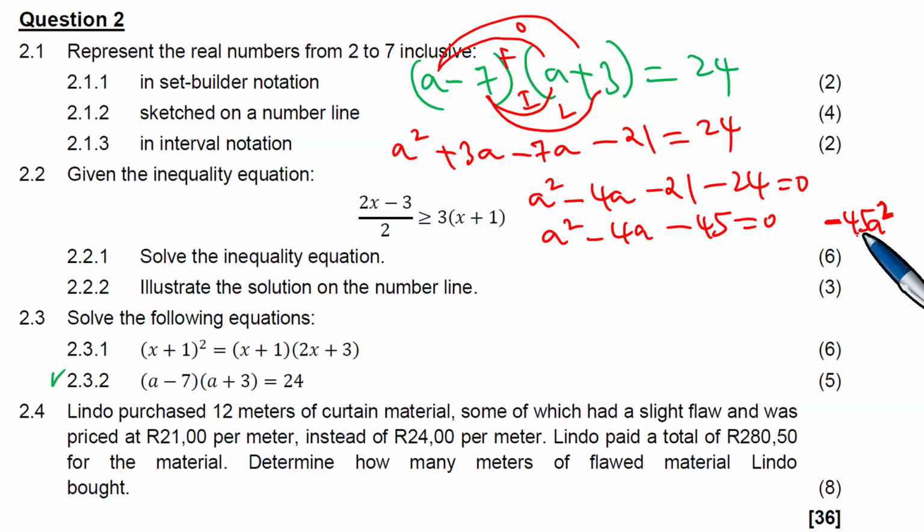There are two numbers that when you multiply give negative 45, but when you add them up give minus 4. What are those two numbers? You must break down the 45.